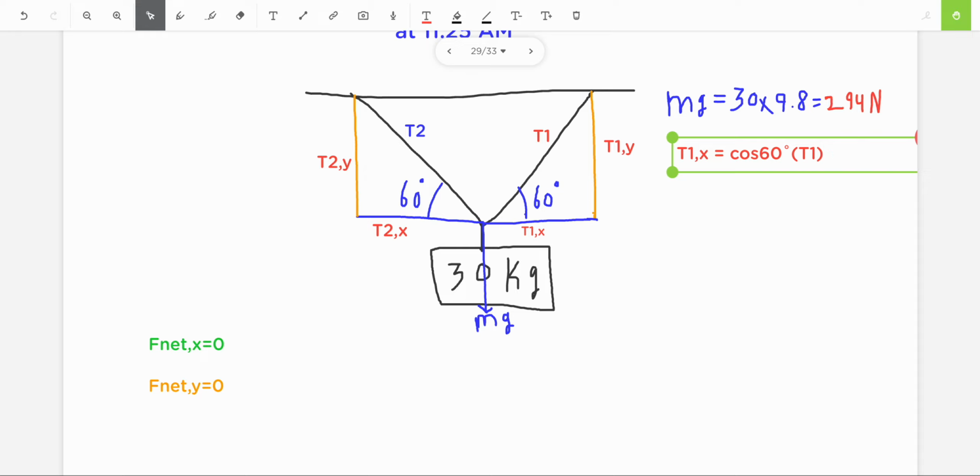For you to not get confused, you should learn these triangles. The first triangle, I will draw it here. This triangle will be for the sine.